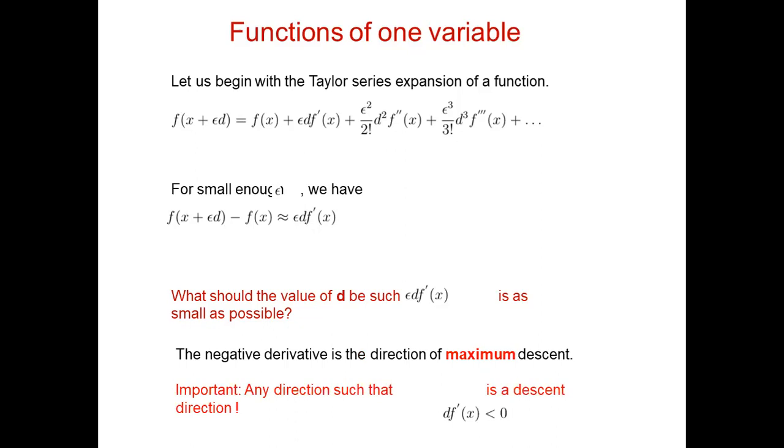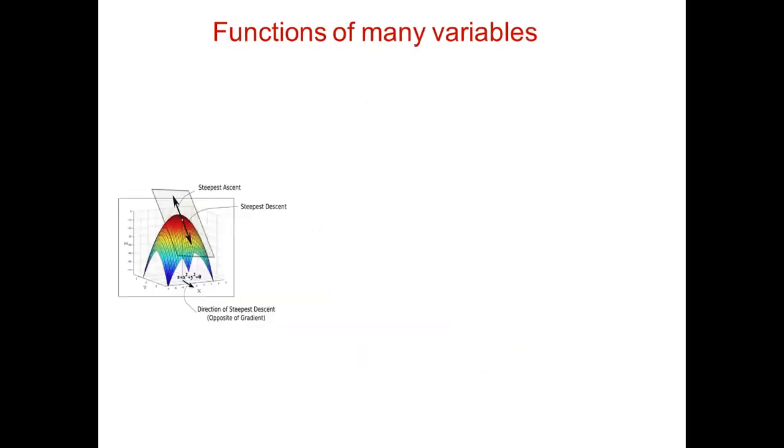So it's important that any direction such that the derivative of the function is less than 0 is a descent direction. Okay. So if you look at this function of two variables, that means, as you can see, the surface, the steepest direction and the steepest descent and ascent are as given below.